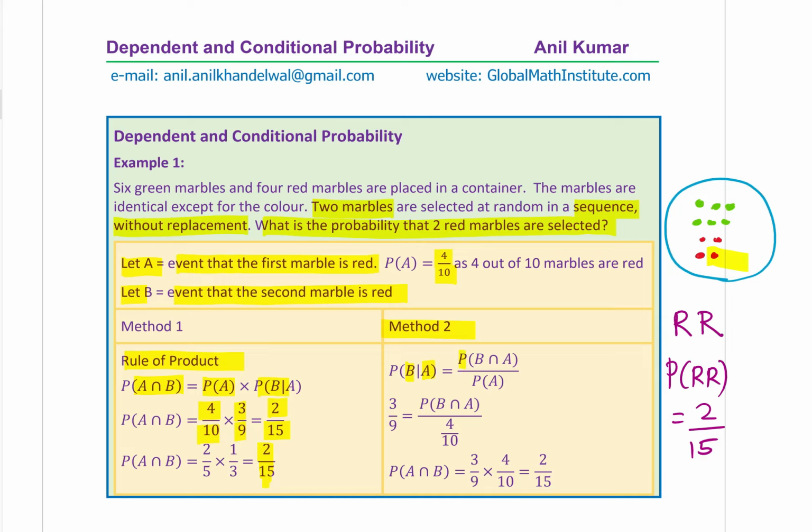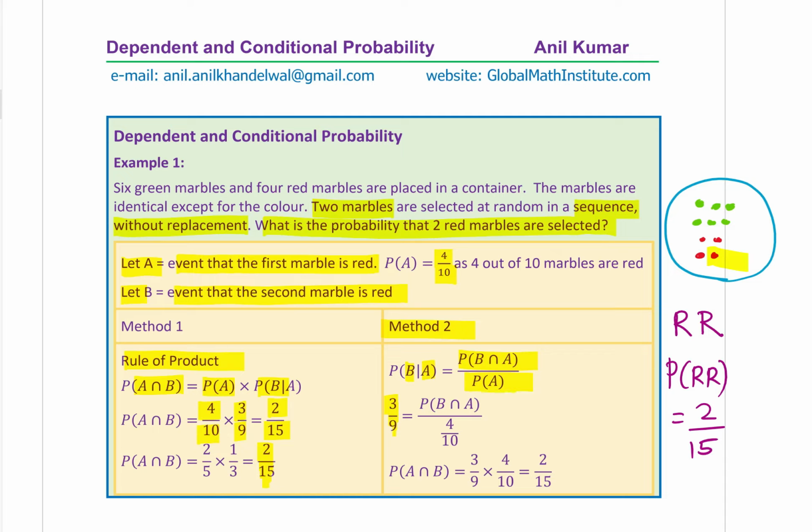So the formula is the probability of intersection of A and B over probability of A. Now, we know that the probability of B when A has occurred will be what? If A has occurred, we have already taken away one marble, right? It was without replacement. So, we have 3 red marbles left out of 9. So, this probability is given to us as 3 out of 9.